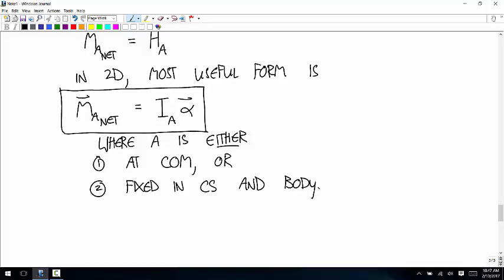An example of number 2 would be if a body is connected to the ground by a pin joint, then as the body's rotating around that pin joint, that one point where the pin's connected is fixed on the body. The body's locked in place there, and it's also fixed in the ground where the coordinate system is resting.